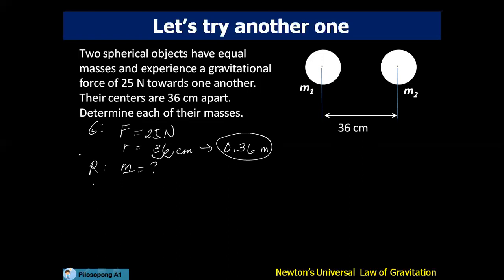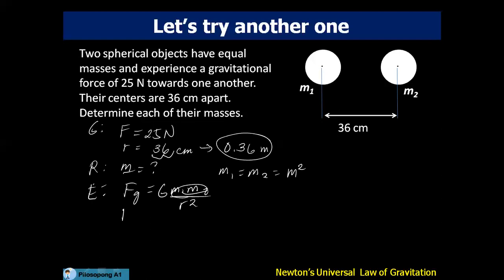Let's go through our equation and derive a simpler one to get what we need to calculate. So we have Fg is equal to G m1 m2 over r squared. Since m1 is equal to m2, we can just square this one to simplify our equation.